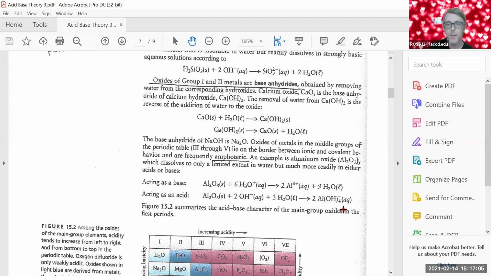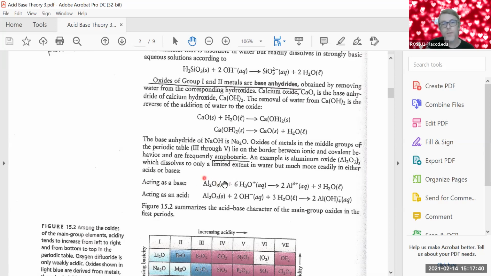What about the metals in the middle? So a metal in the middle, an example at least, is aluminum. These can be like a mixture of the two under different circumstances. So something in the middle, like aluminum, can be amphoteric. That's vocab we've seen previously. It means it can be both an acid or a base. So aluminum oxide, Al2O3 shown here, can act as a base.